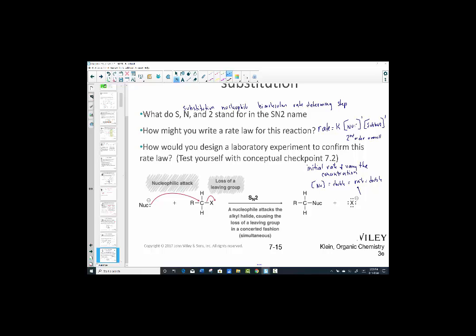What you do to the nucleophile, the reaction rate follows directly. Doubling the amount of nucleophile would double the rate. The same is true for the alkyl halide that we called the substrate. The substrate is first order, so if you double the concentration of the substrate, you would also expect the rate to double. And if you end up doubling both, the rate would actually quadruple. So that's investigating the kinetics of our reaction.